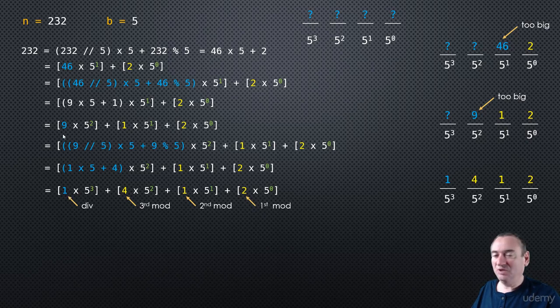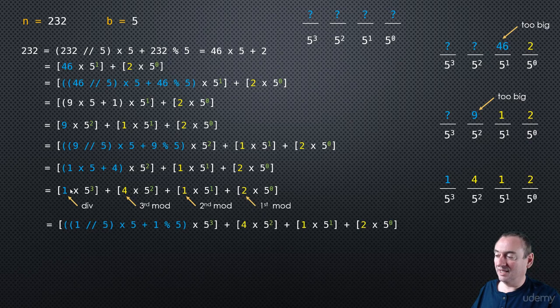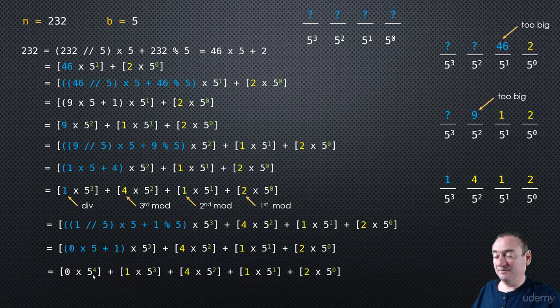We could do that. We'll need a loop and then some if statements in there. But let's take a look at what happens if we go one step further and take that equation again, but to the 1. So we have 1 div 5 times 5 plus 1 mod 5 times 5 cubed plus the remaining terms of the expression, and we end up with 0 times 5 to the 4 plus 1 times 5 to the 3, etc. So now our number is 1412, and each of those digits is being populated by mods.